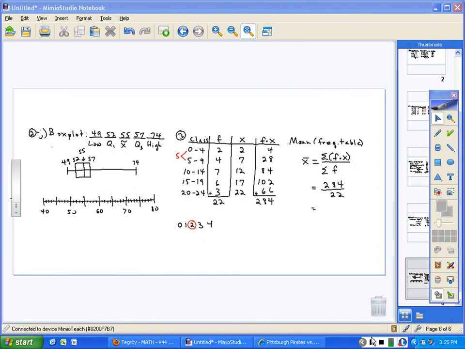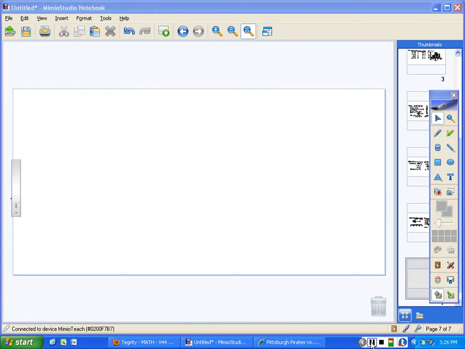And when we divide that, it turns out to be 12.9090... which we would probably just round to 12.9. Remember, I don't care how many places you round to as long as you round correctly. Okay, so that takes care of question number 3.